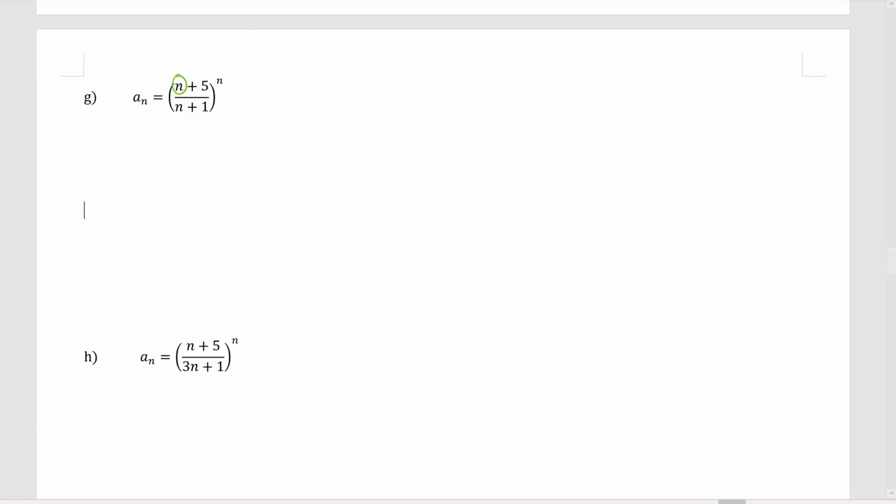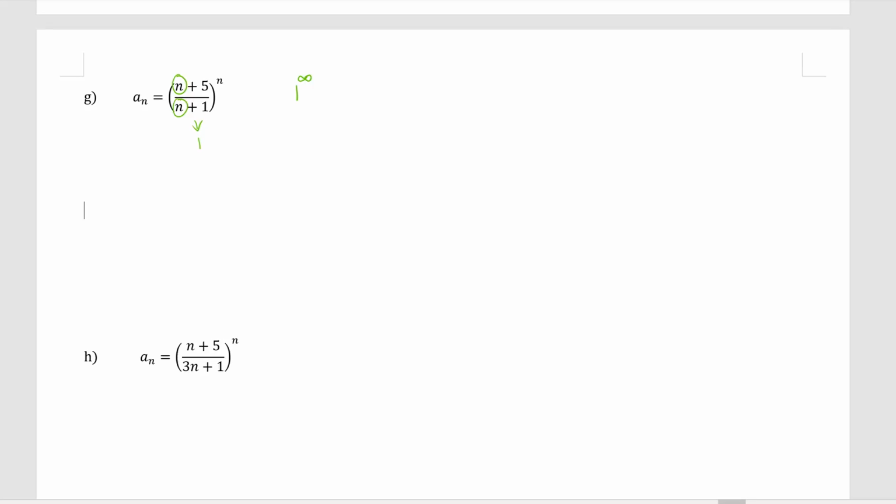The dominant term is n over n, so the inside goes to 1, right? And then the power n goes to infinity, so this is like 1 to the infinity. 1 to the infinity is actually an indeterminate form.